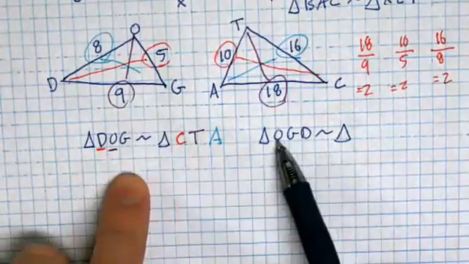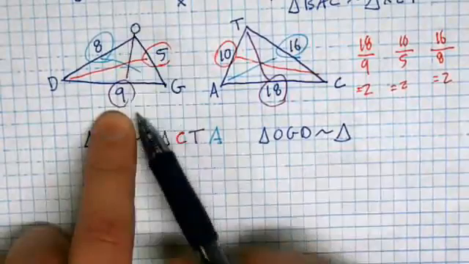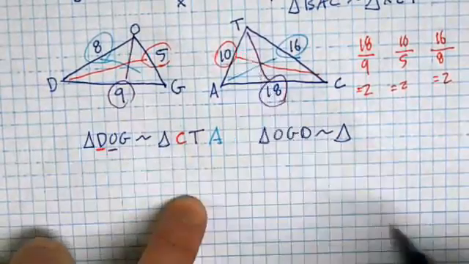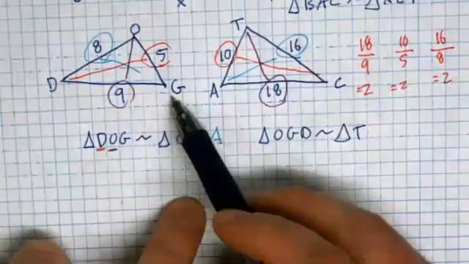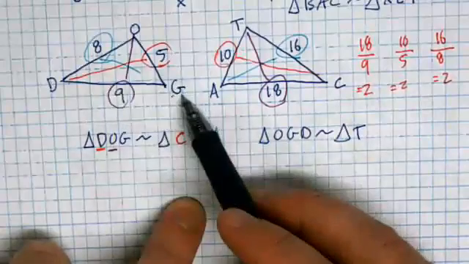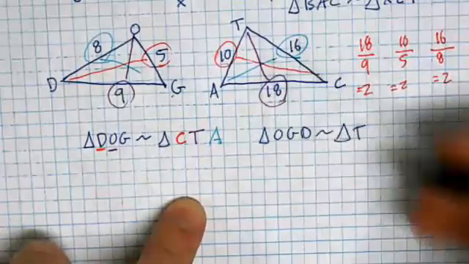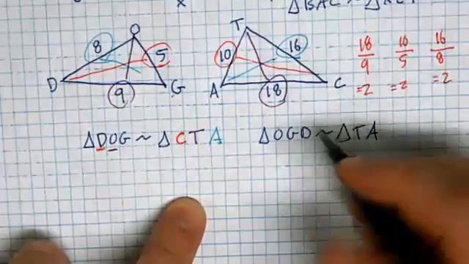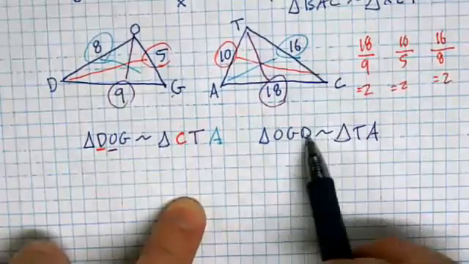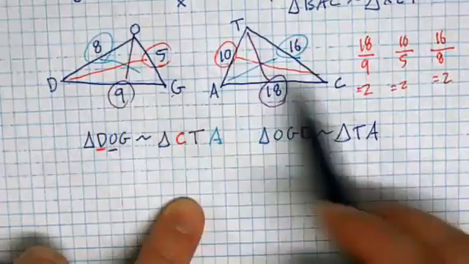So O is across from the biggest. I'm going to go across from the biggest. G is across from the middle size. I'm going to go across from the middle size. And then D is across from the smallest, across from the smallest.